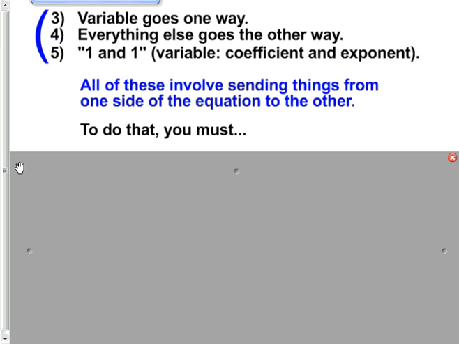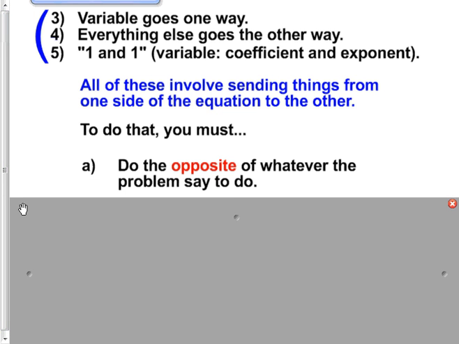In order to accomplish sending things from one side of the equal sign to the other, you basically only need to remember one critical step, and that is to do the opposite of whatever the problem says to do. If something is already being added, then the only way to stop it from being added is to do the opposite operation of addition, which would be subtraction.